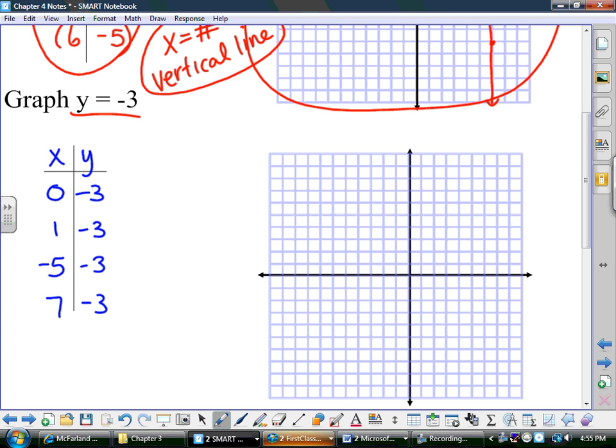So if we plot those points on the graph, 0, negative 3, 1, negative 3, negative 5, negative 3, and 7, negative 3, we notice that those points all lie in a straight horizontal line. In fact, anytime you have a y equals a number equation, it is always going to be a horizontal line.